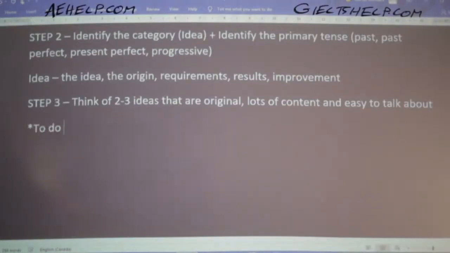So to do this well, think critically, think outside the box, okay, so broad.